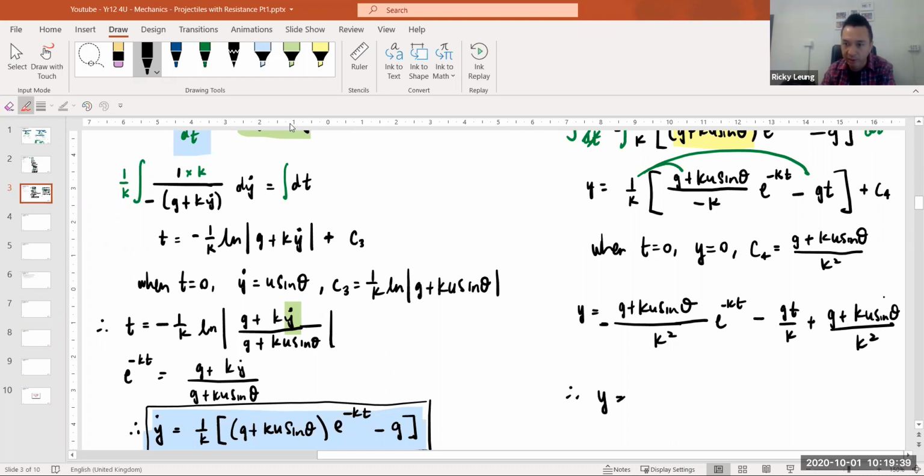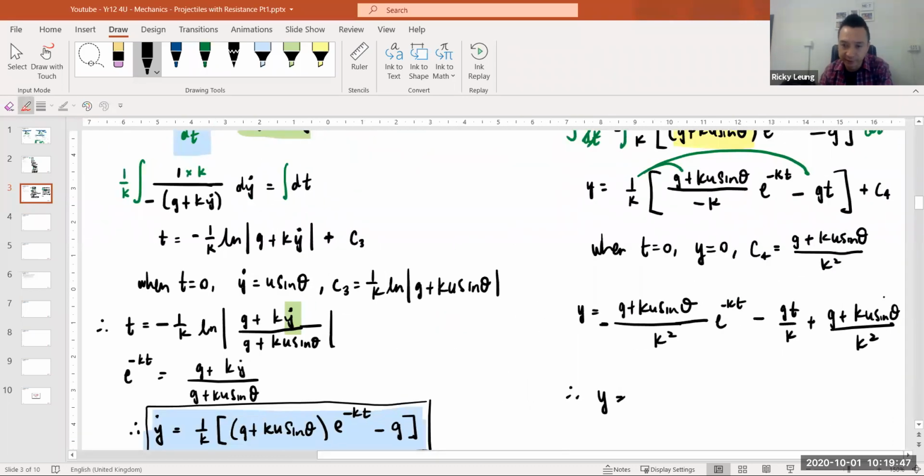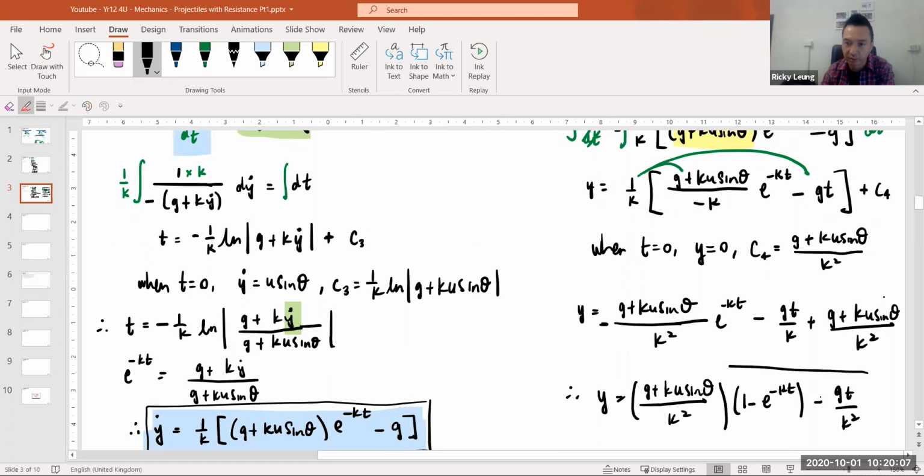That's a minus, that guy's the same. Now let me look at how they express that. I think I put the fraction first. Yes, perfect. Fraction first, so big fraction there, g plus ku sine theta on k squared, multiplied by 1 minus e to the minus kt, minus gt on k squared.